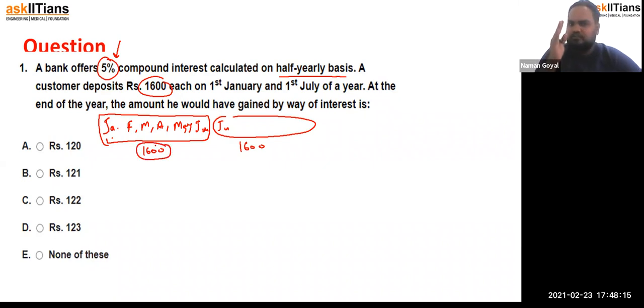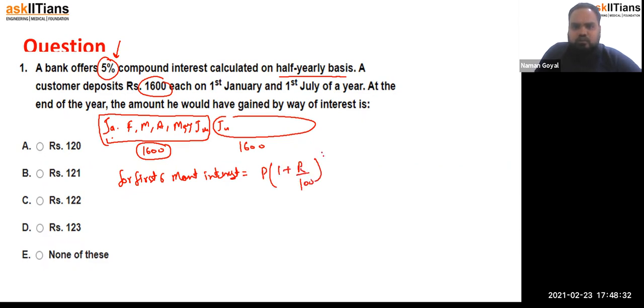I am just asking for the first 6 months interest. Same formula, P into 1 plus R by 100 to the power N. See, R is 5 and N is 1, because it will be on half yearly basis, right? Principal is 1600 into 1 plus 5 upon 100 into 1, right?